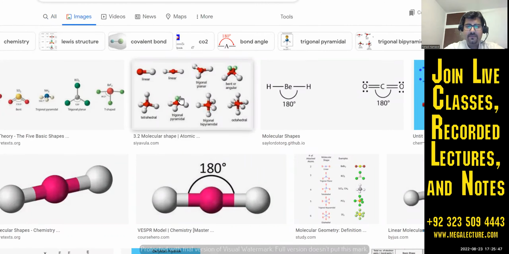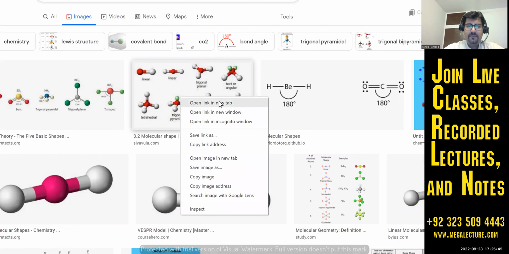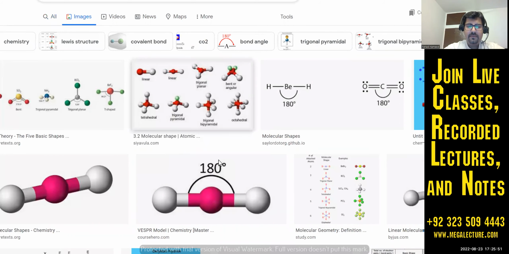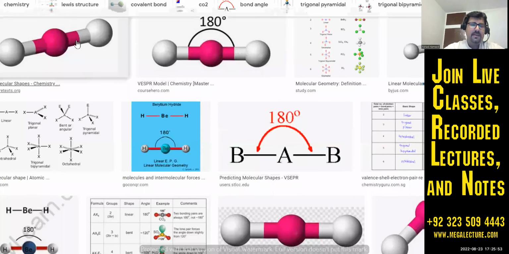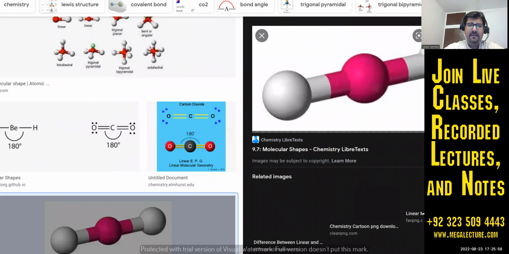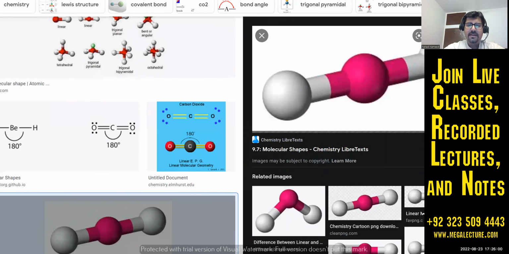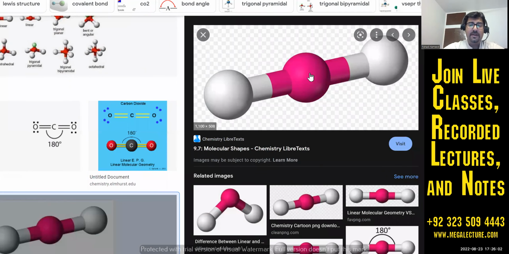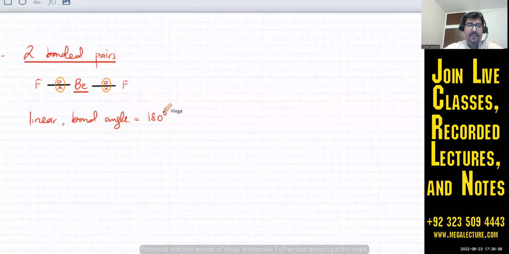So it's going to be exactly like this. It's going to be 180 degrees, and it's going to be linear. One atom, the other atom is over here, the other atom is over here. That's it. Okay, that's a linear shape. अच्छा, वापस इस पे आ जाओ.